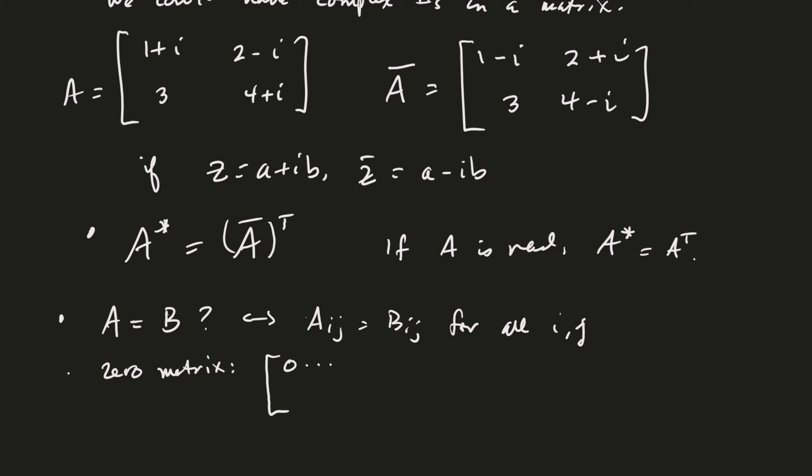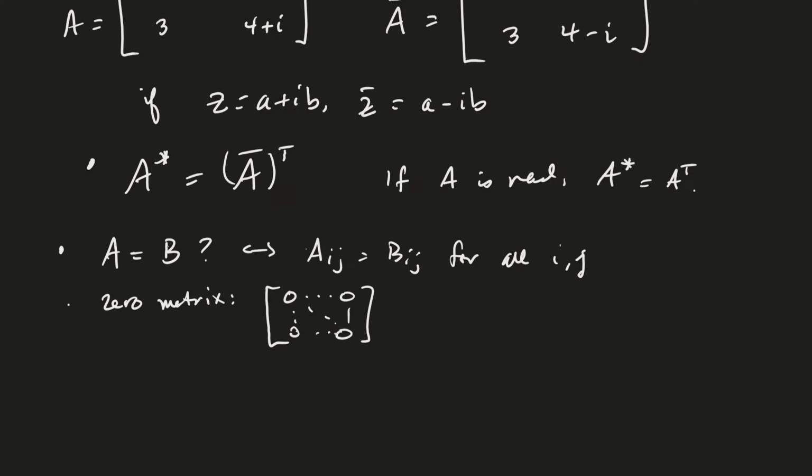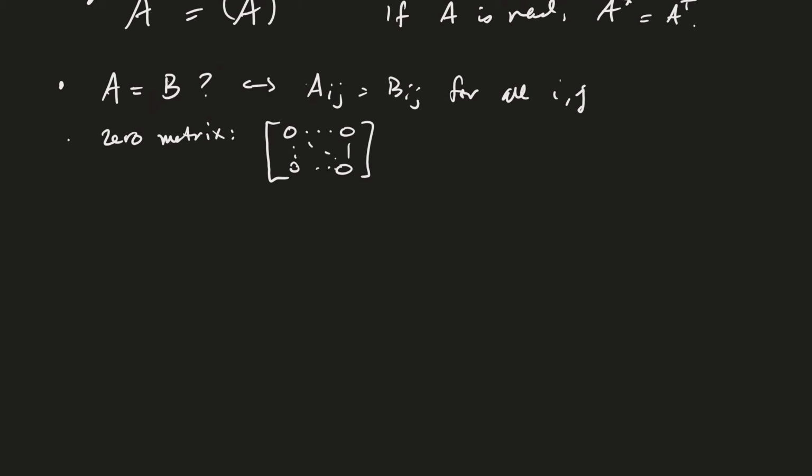That's the matrix with all zeros. How do you add two matrices together? You add them element by element. That is, c_ij, the ijth element of the result, is found by taking a_ij plus b_ij. Therefore, A and B must be the same size in order to add them, and C must also be the same size as A and B.